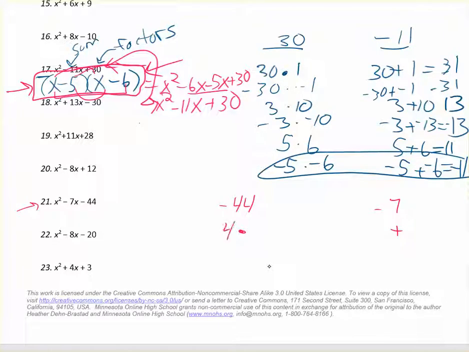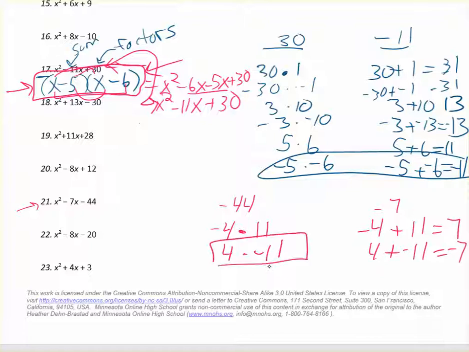One of them needs to be negative because it's negative 44. If I add negative 4 plus 11, it's a positive 7. Close. Let's put the negative on the 11. And that is negative 7. So pretty quickly I found the right factors in this case.